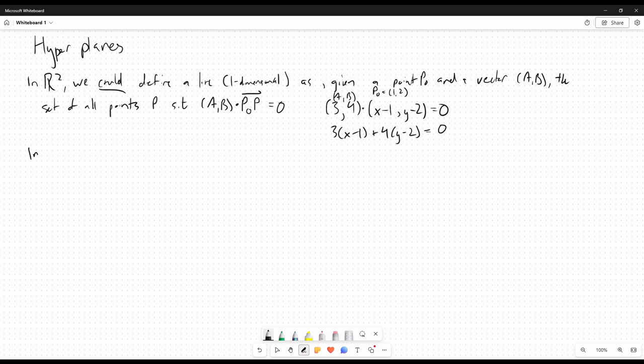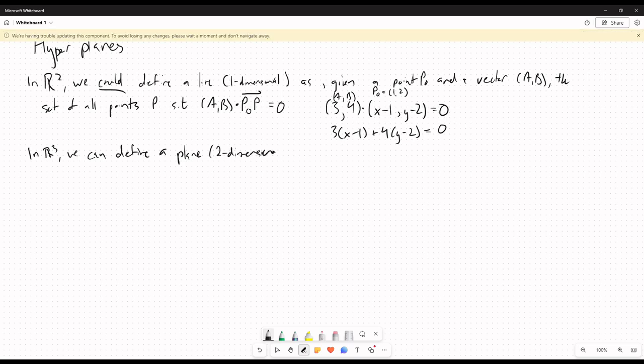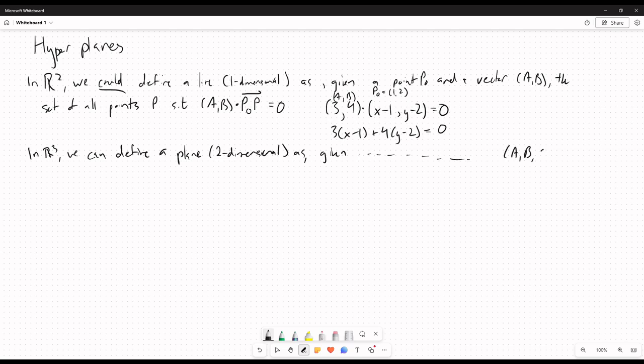Now, much more familiarly, in R3, we can define a plane, which is two-dimensional, as, given a point P0 and a vector, I'm just going to draw dot, dot, dot. The difference is that our vector is now ABC. It is the set of all points such that ABC dot the vector from P0 to P equals 0.